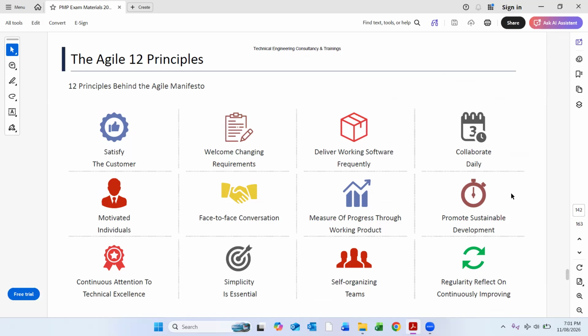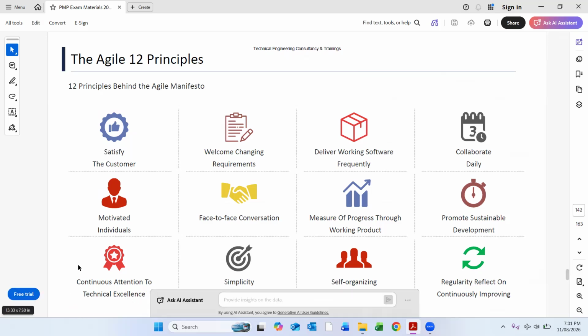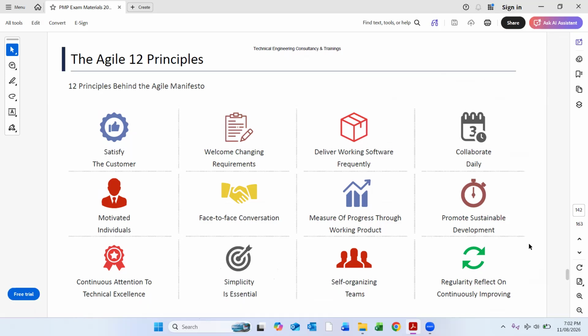Promote sustainable development. Continuous attention to technical excellence. Simplicity is essential. Self-organizing teams regularly reflect on continuous improvement. So these are agile's 12 principles, which are part of the agile manifesto.